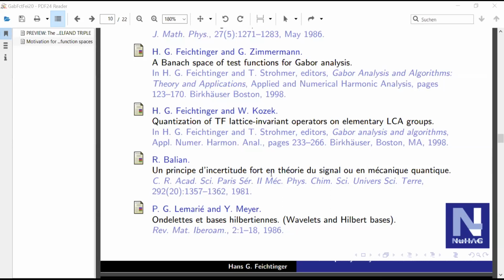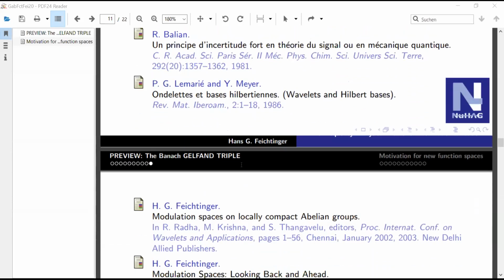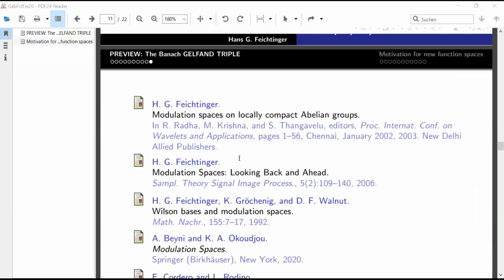Also, I introduced modulation spaces already in the 80s, and I presented them more prominently in 2003 at a conference on wavelets organized by Professor Rada in Chennai. So that's where modulation spaces really reached popularity.